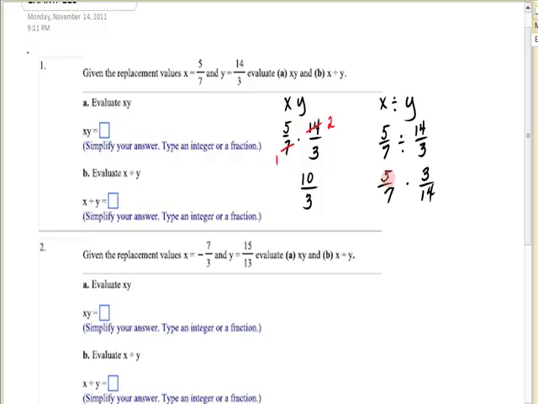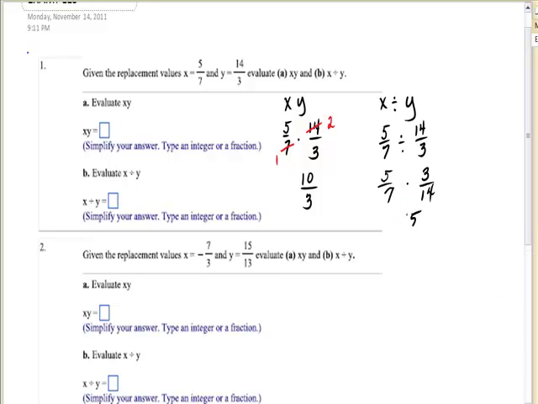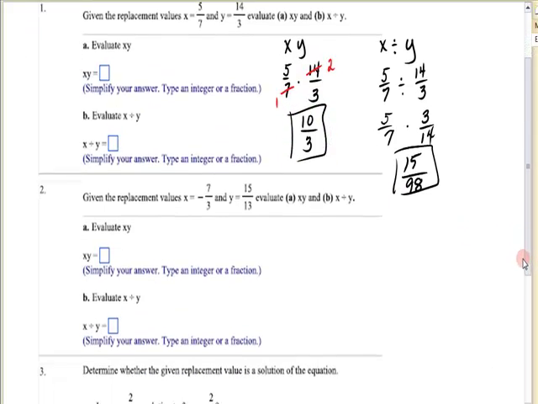So I end up with 5 times 3 is 15. Oh, that's messy. 15 over, and 7 times 14 is going to give me, I believe, 98. And there's no common factor. Those are my 2 answers. One multiplication and one division.